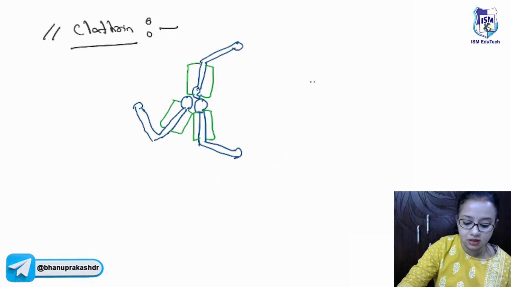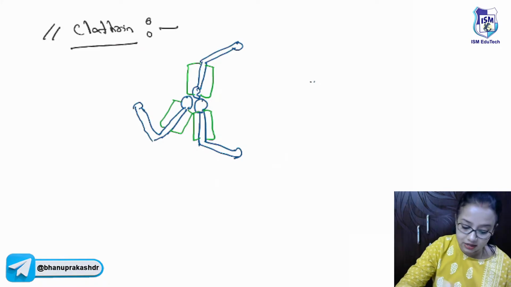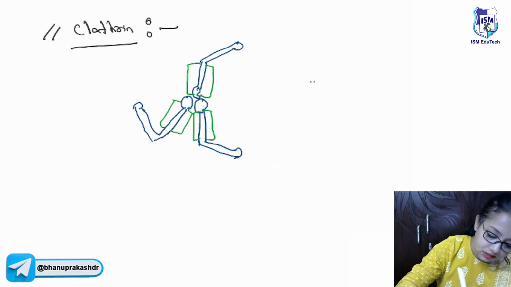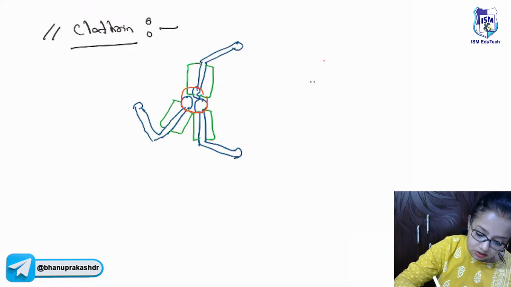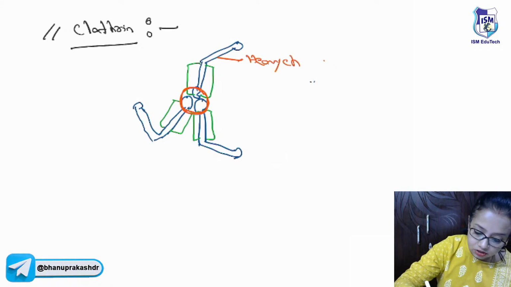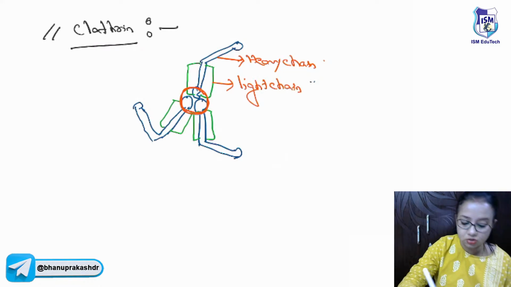So here you can see three legs radiating out with a central hub. This is the heavy chain, this is the light chain, and these are the three legs radiating from the central hub.